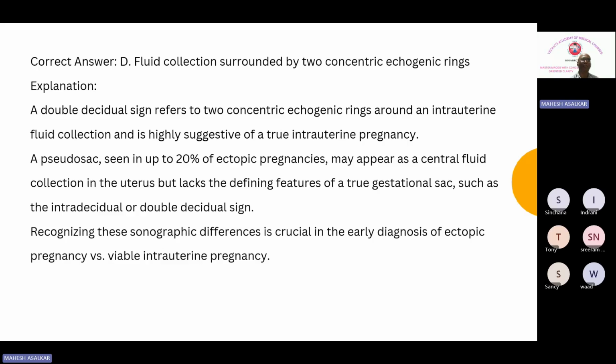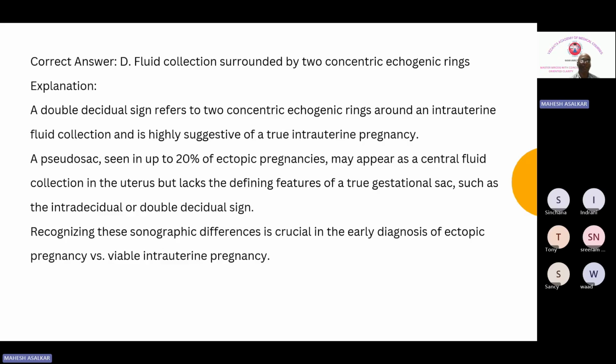A pseudosac, seen in up to 20% of ectopic pregnancies, may appear as a central fluid collection in the uterus but lacks the defining features of a true G-sac, such as the intradecidual or double decidual sign. Recognizing these sonographic differences is crucial in the early diagnosis of ectopic pregnancy versus viable intrauterine pregnancy.